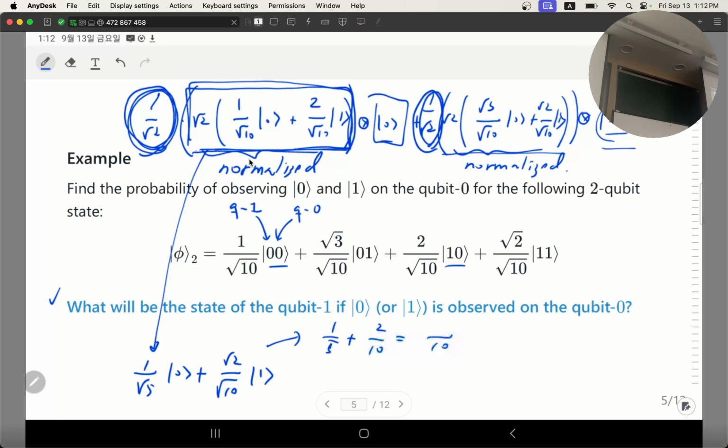It should be 1. Let's see. Oh, I forgot. This is 2 over 2, right? Yes. So when you take the strength of this qubit state, it's 1 over 5 plus 8 over 10. If you add these together, 10 over 10, it's 1. So it's normalized.